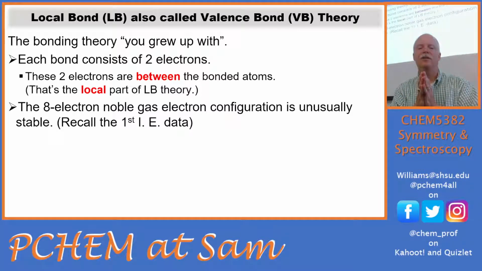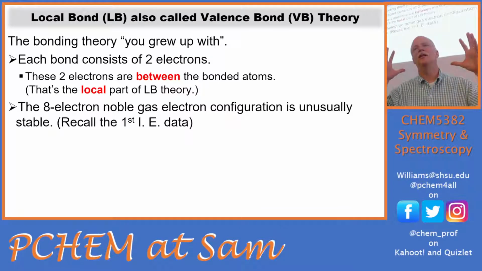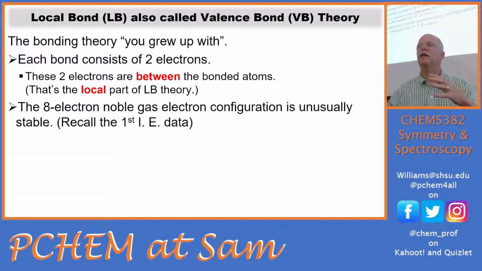If I have an electron in the px and an electron in the py, and I put an electron in the pz, that pz has an independent view of the nucleus. And so the px and py don't really shield the extra proton I added when I move to the right in the periodic table. So all of the electrons get closer to the nucleus. The radius of the atom shrinks as we go from left to right in the periodic table. And it's really hard to ionize those noble gases because they have that stable electron cloud.